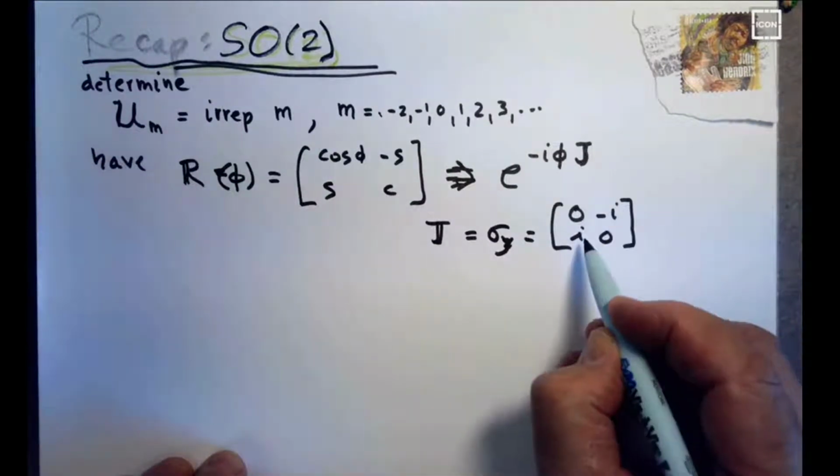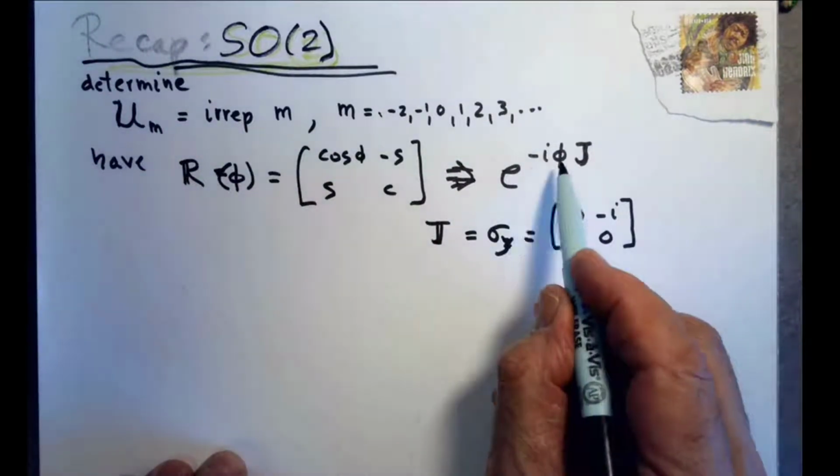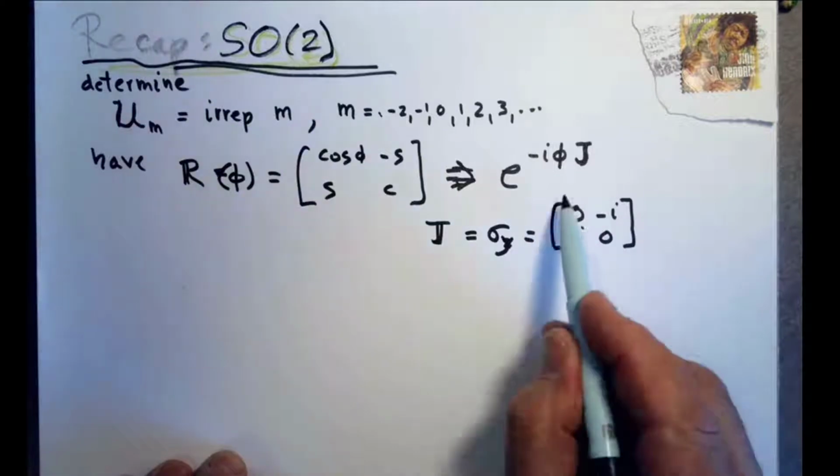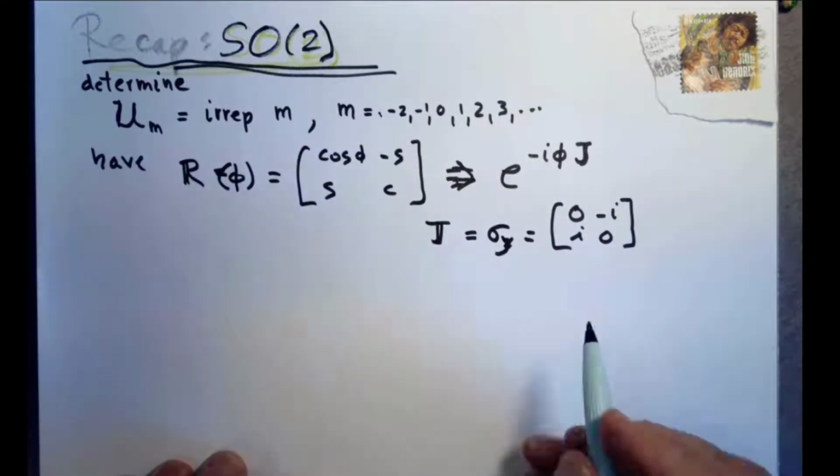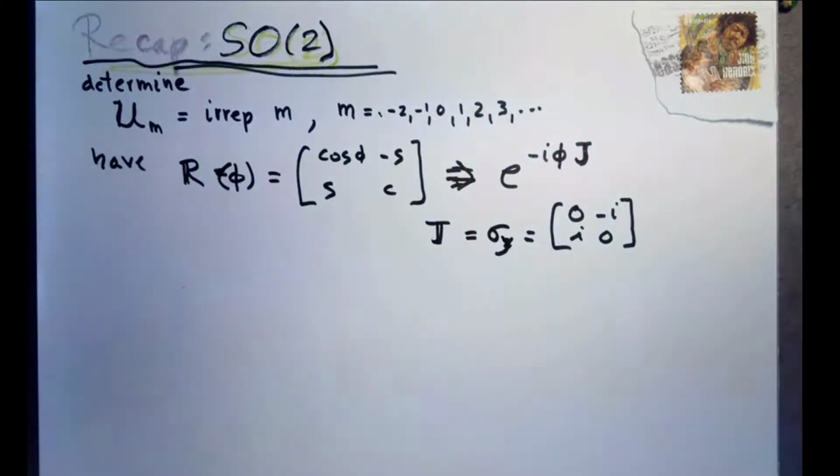And this I and minus I have been inserted so that this thing is a Hermitian operator. And the deal about it is that it's a sensible representation of rotations. That's how we think about 2 dimensions. But this is not actually an irreducible representation. And why is that?